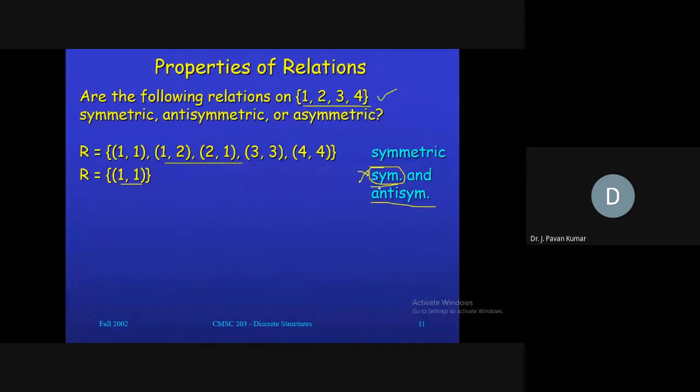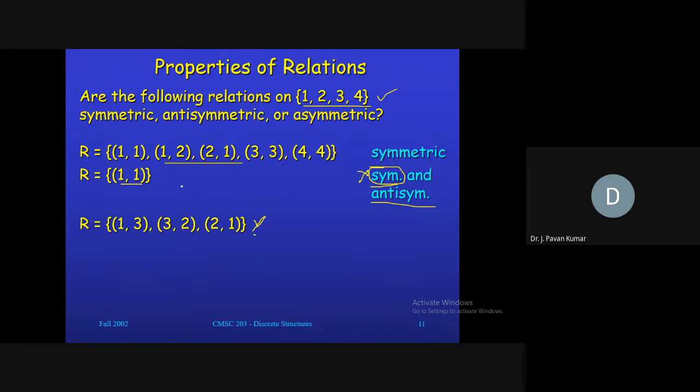This is not symmetric. Next, 1 comma 3, 3 comma 2, 2 comma 1. Here we don't have symmetric pairs, so it is definitely not symmetric. Next, can we consider it as anti-symmetric? Here we don't have symmetric pairs itself, so we can consider it as anti-symmetric.